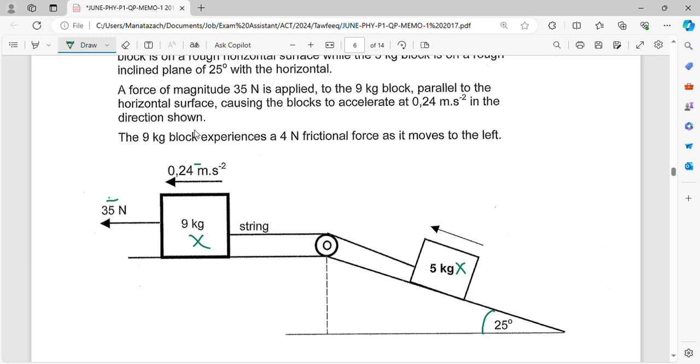The 9 kg block experiences a 4 Newton frictional force. Since the motion is towards the left, the frictional force will act to the right, so you're going to have a 4 Newton force in this direction here.